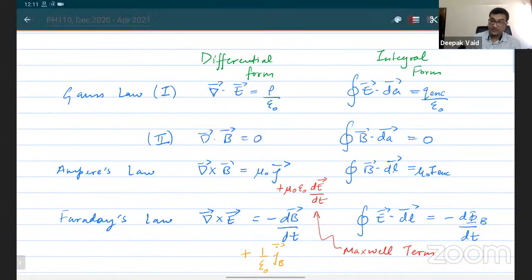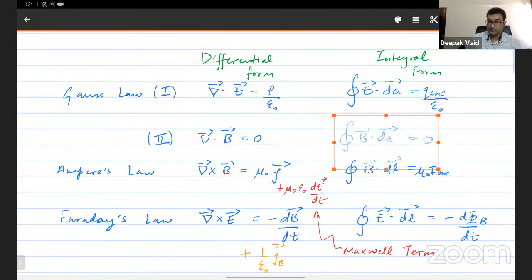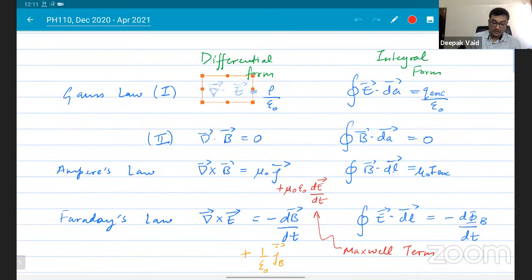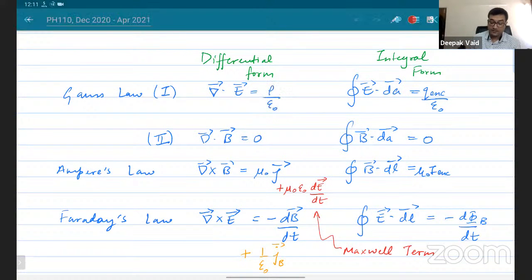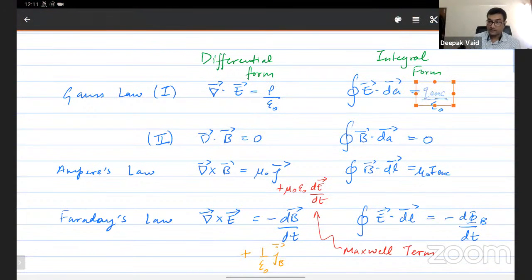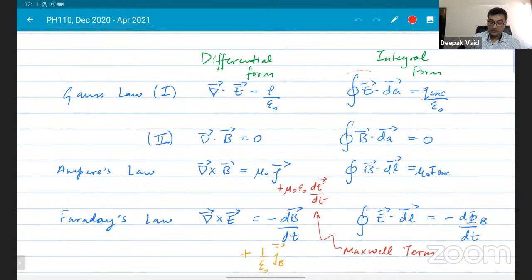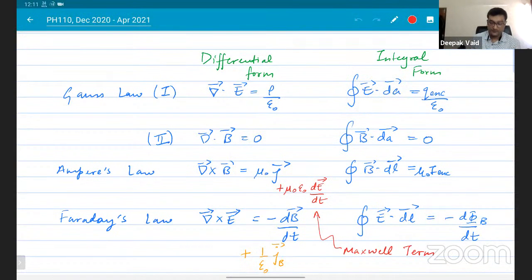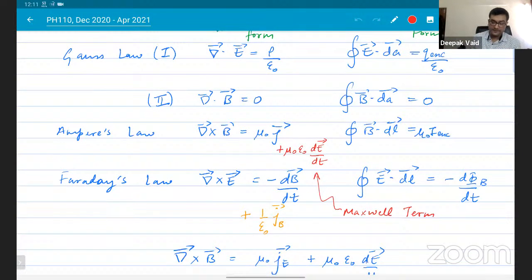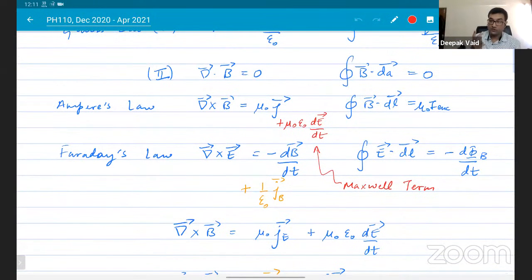Since this divergence is zero, its integral will be zero. That means the flux will be zero. The integral of this divergence will be the integral of the charge density, which is equal to the total charge. So the total charge is equal to the electric flux within any given region. Then we have the two curl equations.